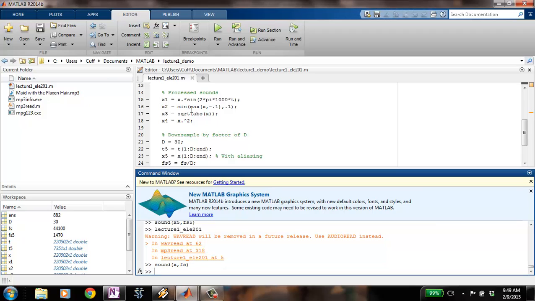as x2, what I've done is I've taken that sound and I've clipped it. What that means is that by using this min and max, I've said whenever the sound ranges from +1 to -1. All the data points, if I read them, like for example, if I look at x, the first value of x, okay, it's some number between -1 and 1. And x is just a big list of numbers.